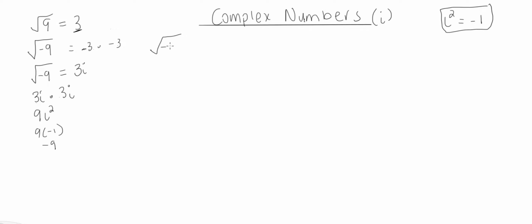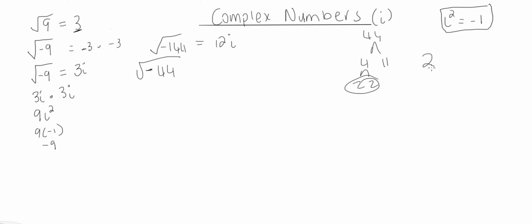Or if I have the square root of negative 144, I would just get the square root of 144, which is 12, and add an i. So even if you have the square root of something that's not a perfect square, like negative 44, what I would do here is simplify 44, which is 4 times 11, and then that's 2 times 2.